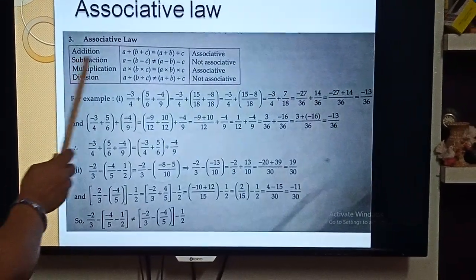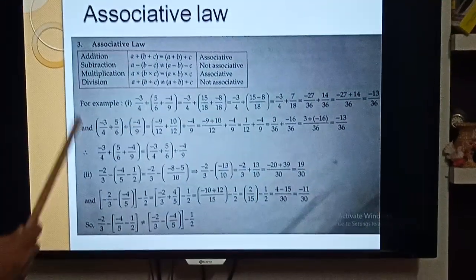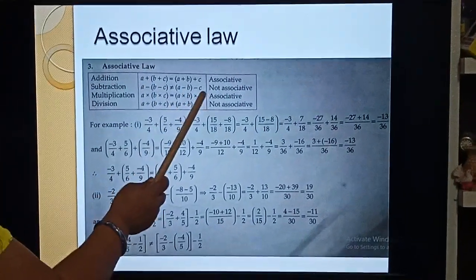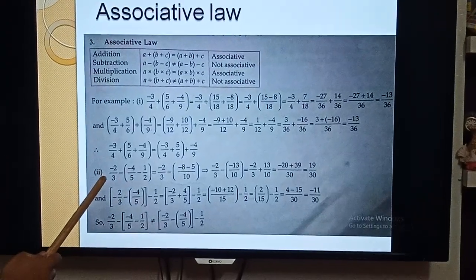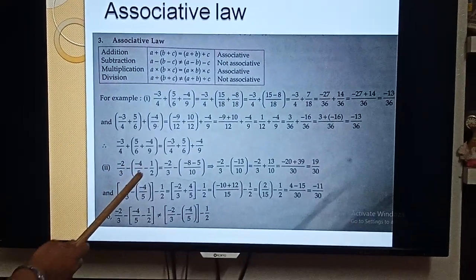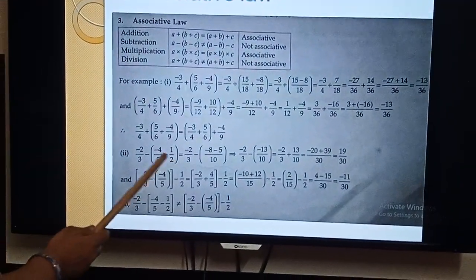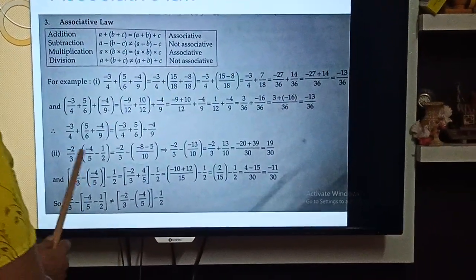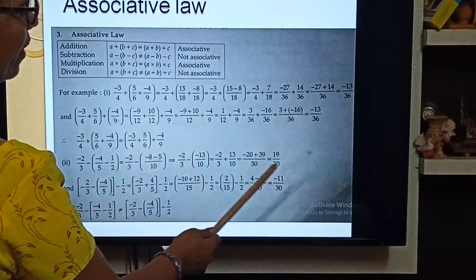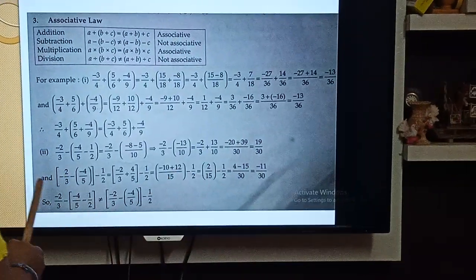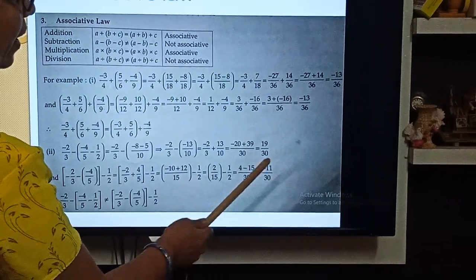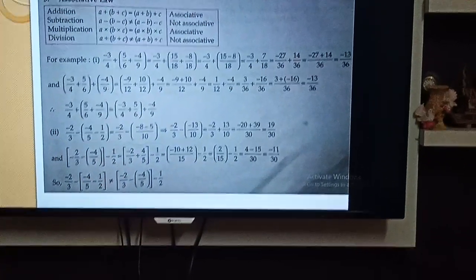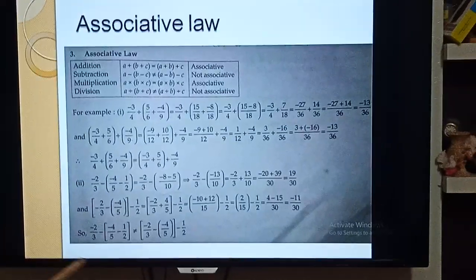Second, subtraction. If A, B, C are any three rational numbers, is it satisfied or not? We have to see the example. Here minus 2 by 3, minus 4 by 5, minus 1 by 2. These are the three numbers I have taken here. On simplification at the end here I will get 19 by 30, and with the other grouping I get minus 7 by 30, in which we observe that both are not equal.